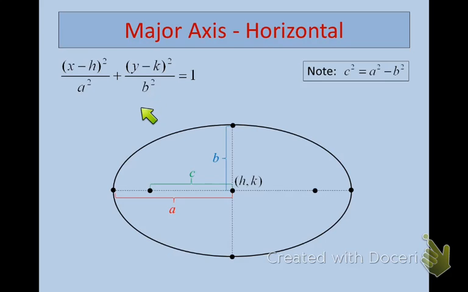Whichever variable your bigger denominator is under tells you which axis is your major axis. So in other words, we're assuming that A, my bigger number, is underneath X, which tells me that I should have a horizontal major axis with A being the distance, right?